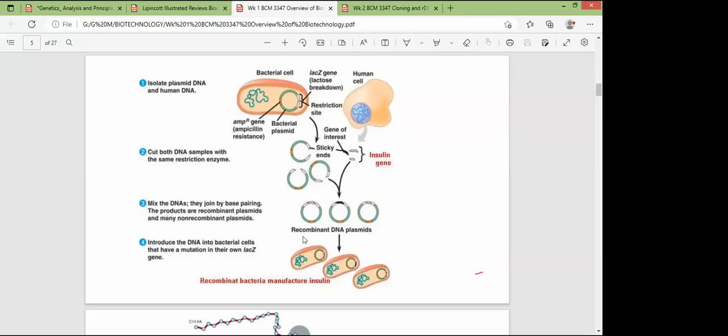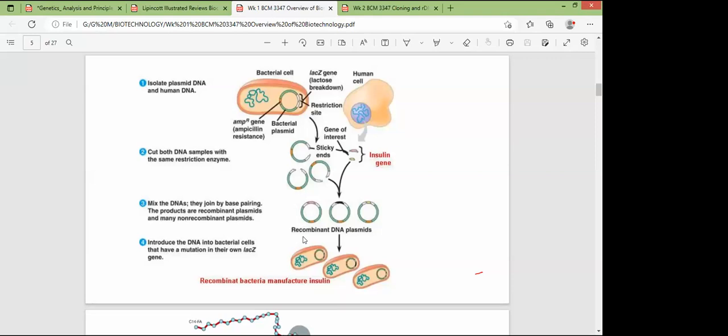We use it to cut my DNA, the beta cells, the part that synthesizes insulin. And then we go to the bacterial plasmid and we cut the part where we want to insert that insulin synthesizing gene.